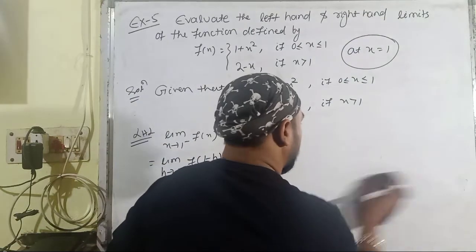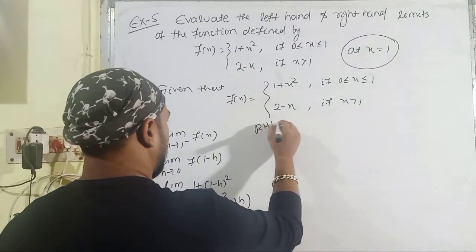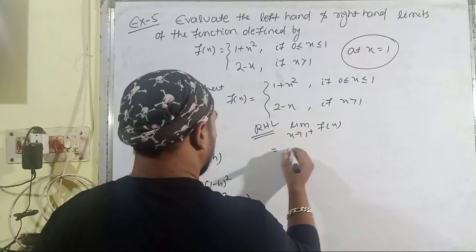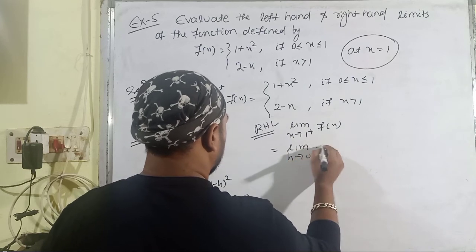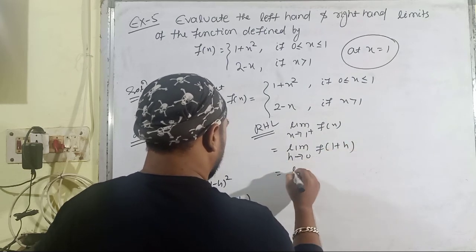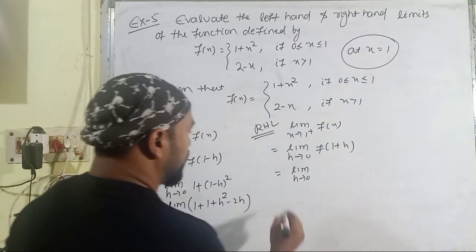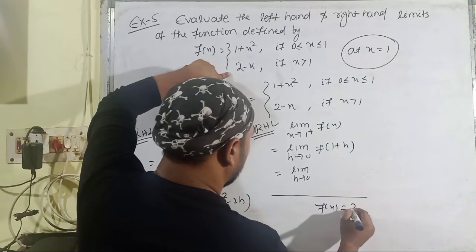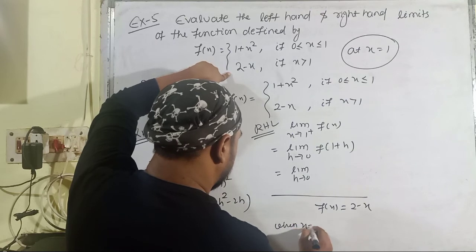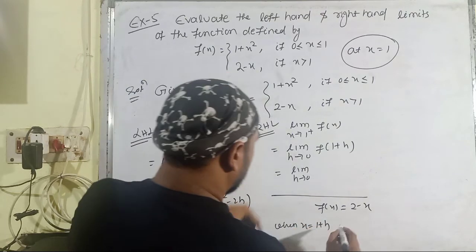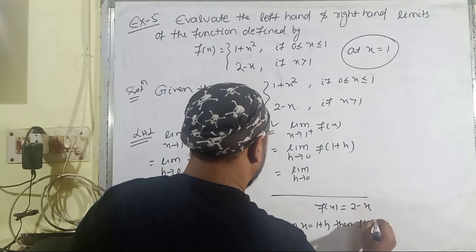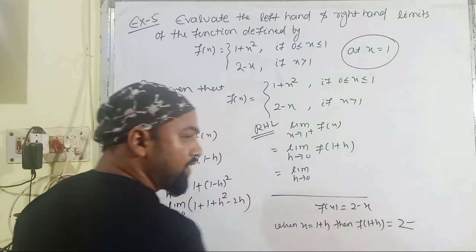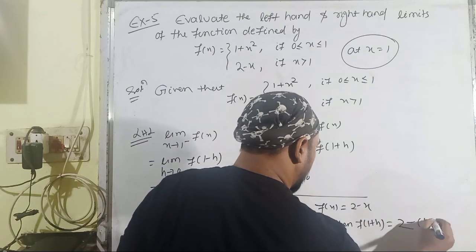Then the right hand limit. The limit as x tends to 1 plus of f(x) will be the limit h tends to 0 of f(1 + h). In the right hand limit, the function f(x) is given by 2 − x. So when x = 1 + h, then f(1 + h) is equal to 2, a constant, minus, in place of the variable x, you put 1 + h.